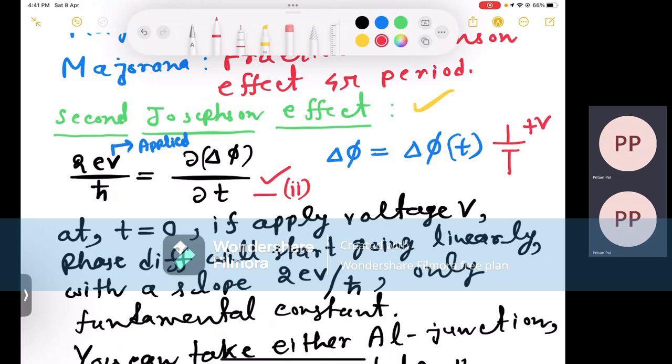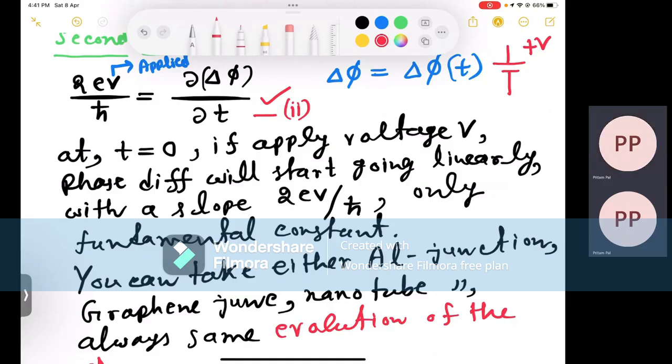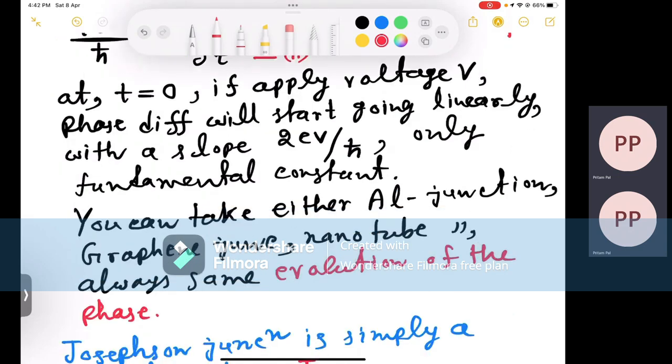So what they have established is that this rate of change of phase difference is directly proportional to the applied voltage. E and h are obviously fundamental constants, but mainly it's proportional. It's changing linearly with the applied voltage, and the slope is 2eV over h-bar. You can see it's the beauty.